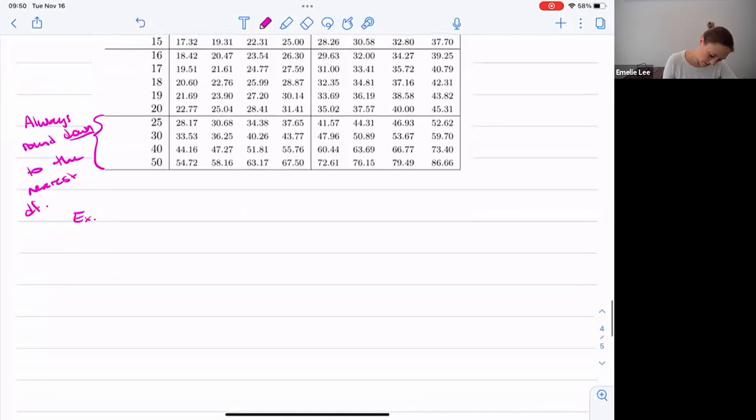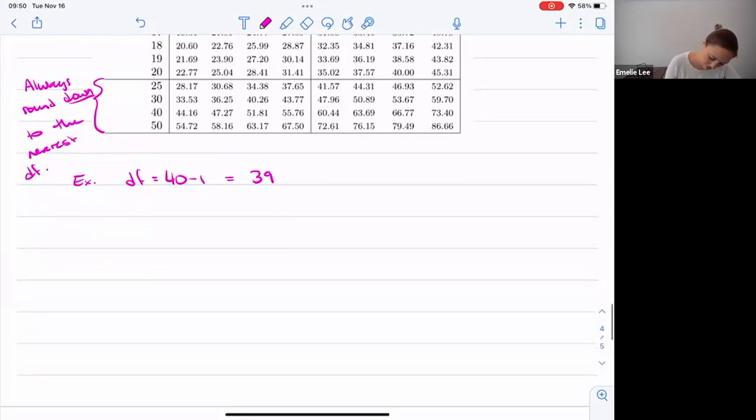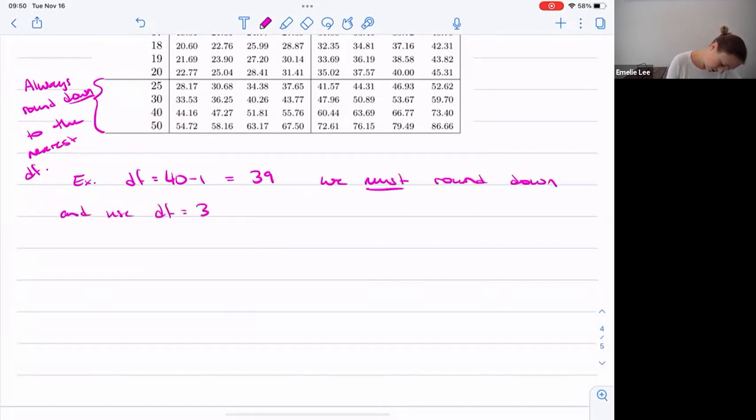So if, for example, the degrees of freedom is 40 minus 1, which is 39, we have to round down and use 30 degrees of freedom if we're using the table. We must round down and use degrees of freedom equal to 30, right?